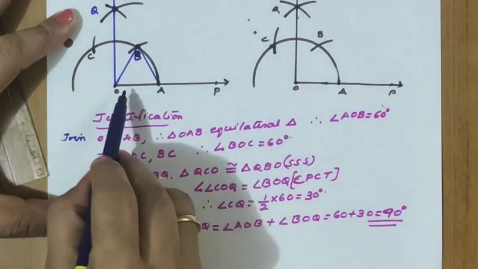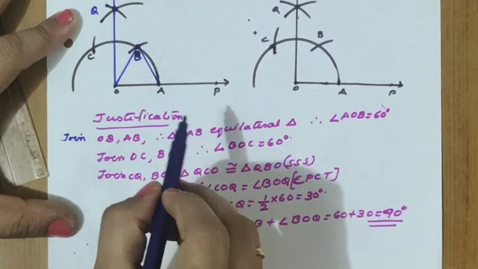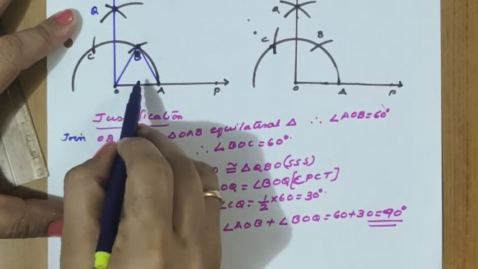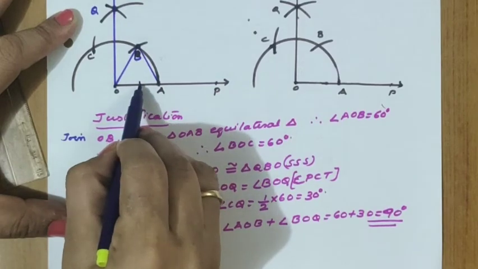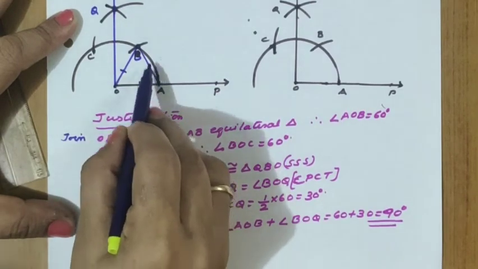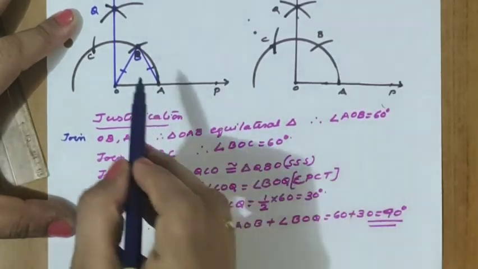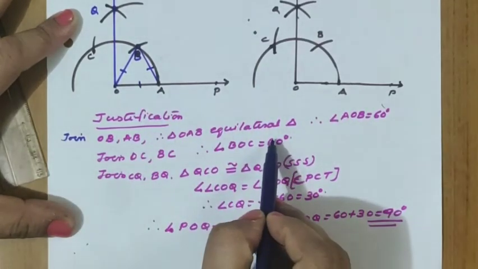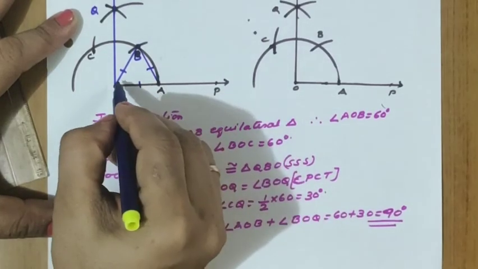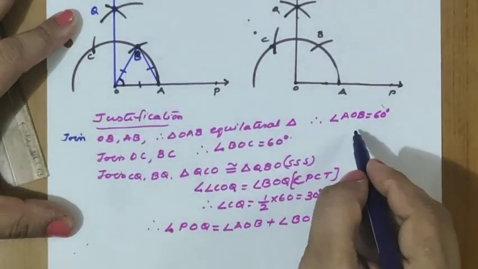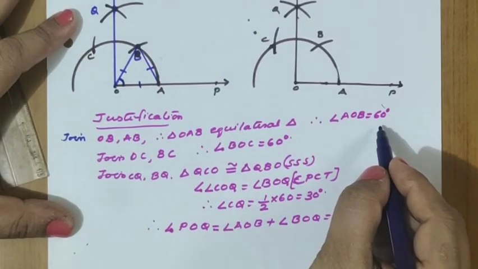This is the same arc only we have considered. So what is the radius OA? That is the same for OB also. So OA equal to OB as well as AB. So this is an equilateral triangle. Understood? Triangle OBA is an equilateral triangle. So already we know that if it is an equilateral triangle, what can you say about angle AOB? AOB equal to 60 degree.